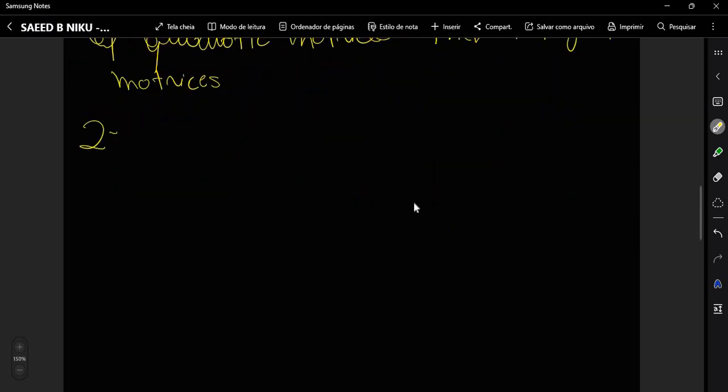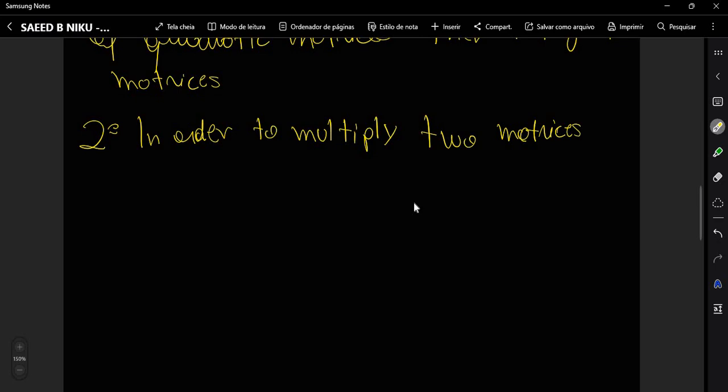Second reason, in order to multiply two matrices, their dimensions need to be equal.